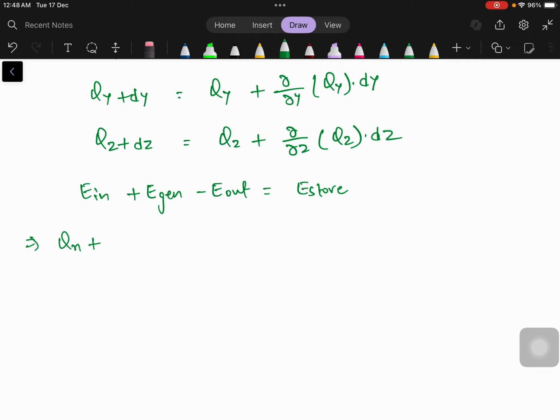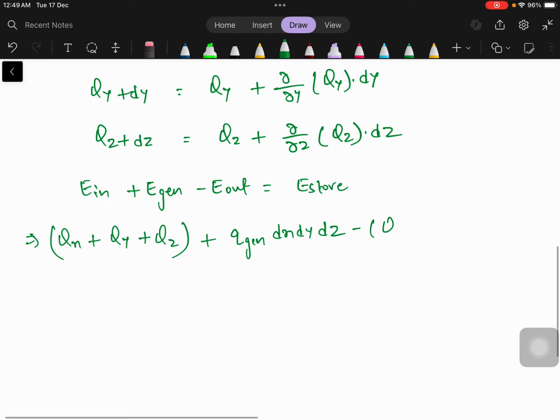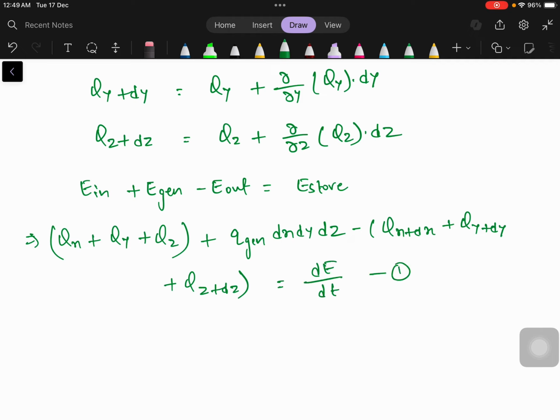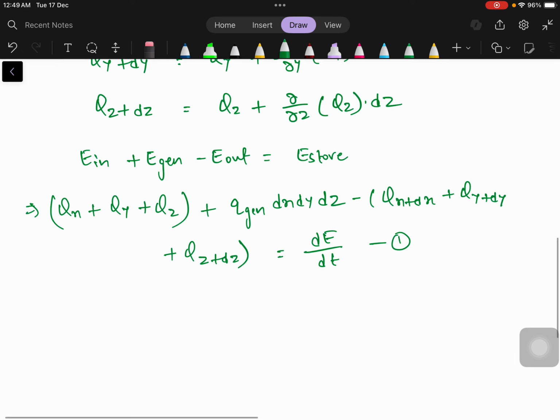So E in is Qx plus Qy plus Qz, plus energy generated, which will be Q generated dx dy dz, minus E out, which is Qx plus dx plus Qy plus dy plus Qz plus dz, and it will be del E by del t. Let this be equation number 1.